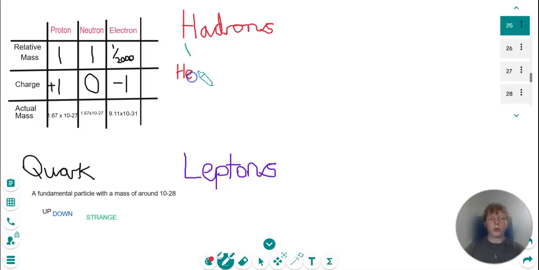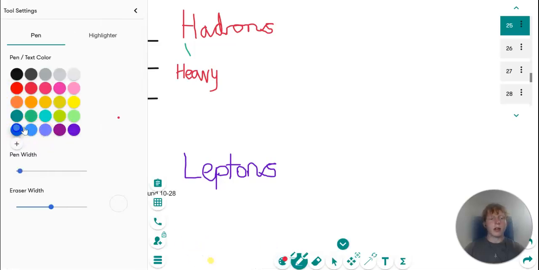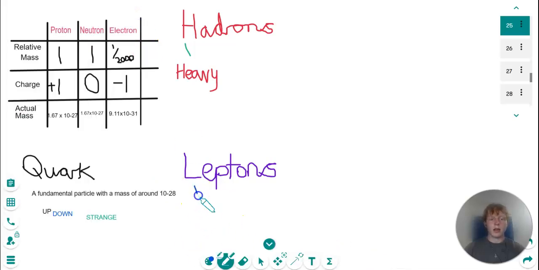Now, if we look at our table that we did earlier, these are the proton and the neutron, okay? Now, leptons, the L in that, we can use that to say that leptons are light, okay? They're the lighter particles. So that would be the electron.